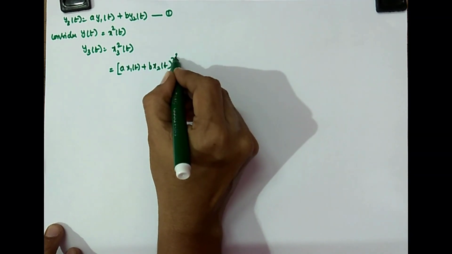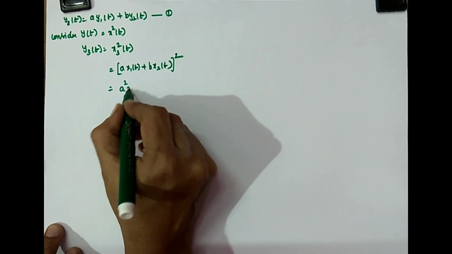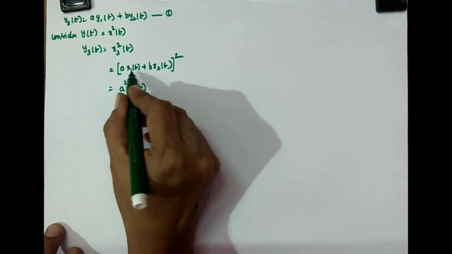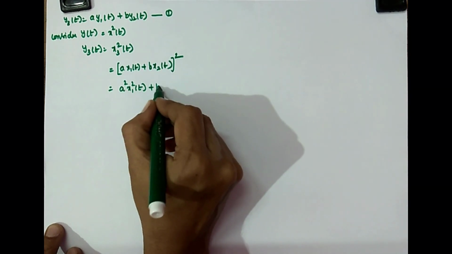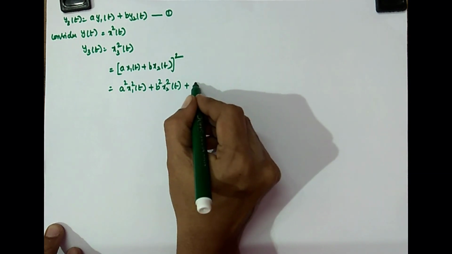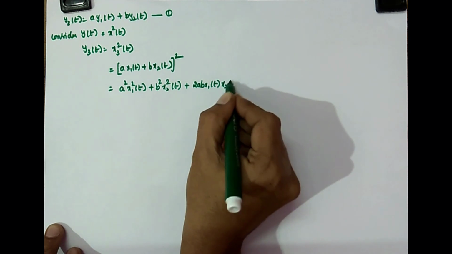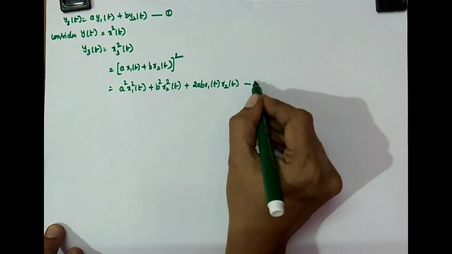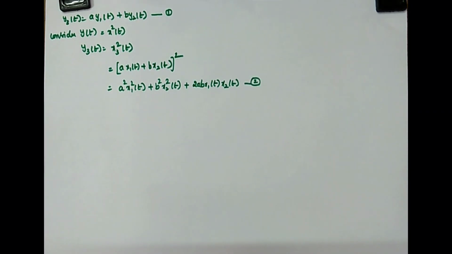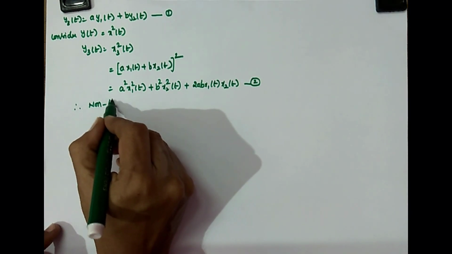As you have square, just keep square. So what is this? A square x1 square of t, it is like a plus b whole square, plus b square x2 square of t plus 2ab x1 of t into x2 of t. See equation number 1 and 2. 1 and 2 are not same. Therefore the system is said to be non-linear.